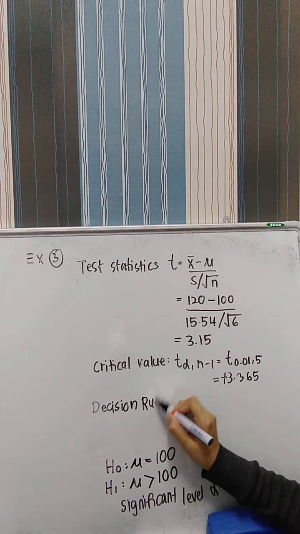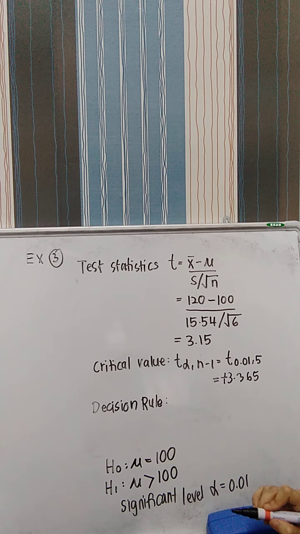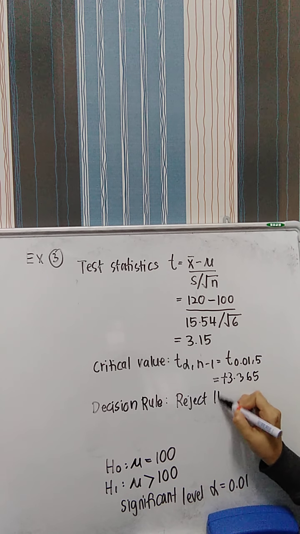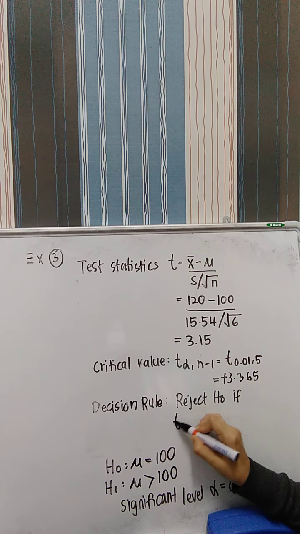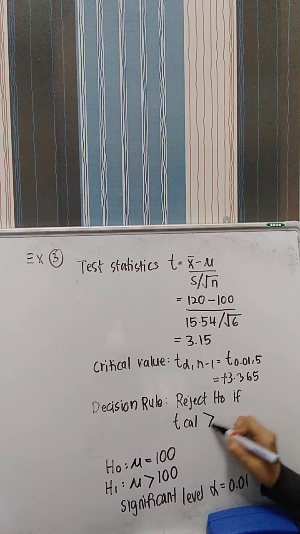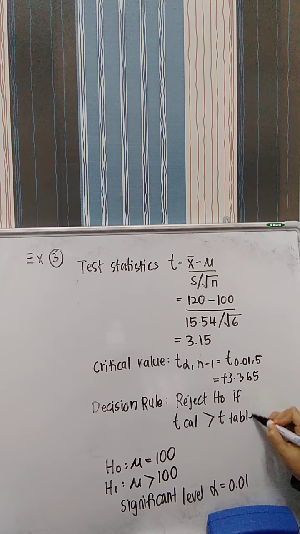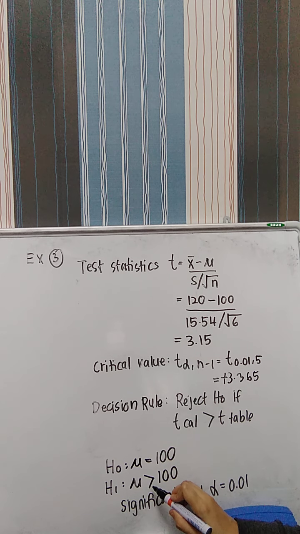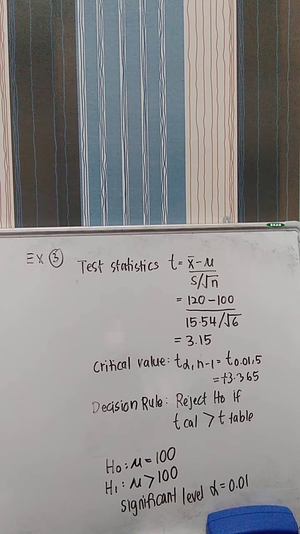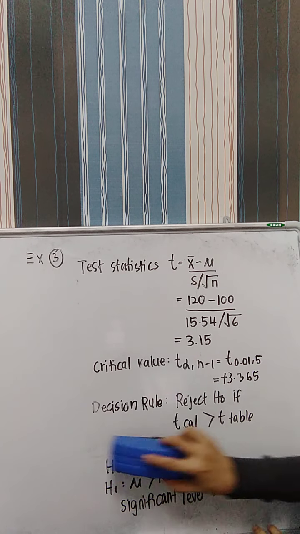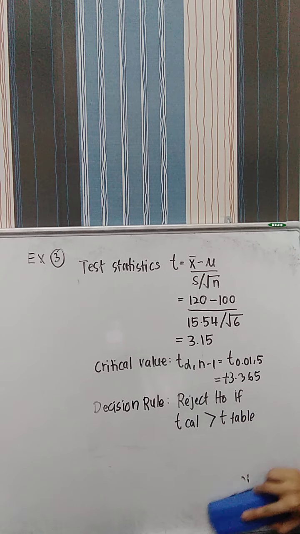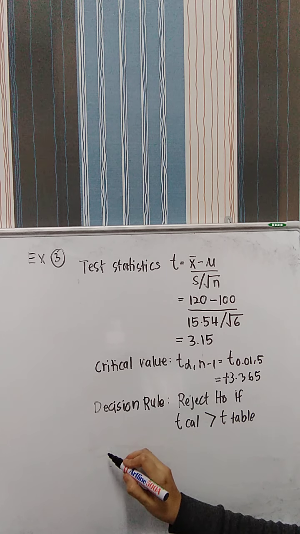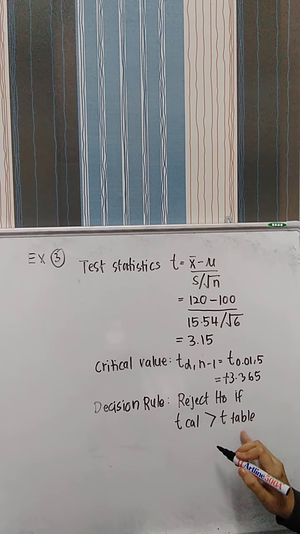Then we make a decision rule, the next step. You reject H0 if t calculated is more than t table. Why more than? Because your H1 is more than. This is the decision rule. Then we make a decision by comparing the values of t calculated and t table.